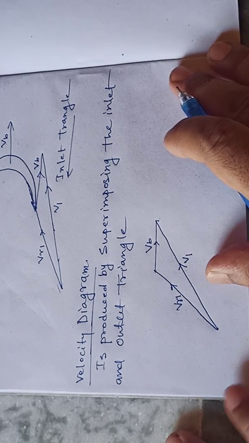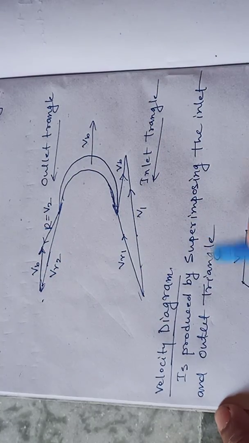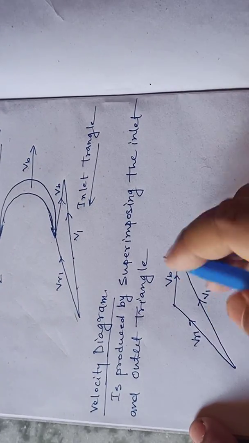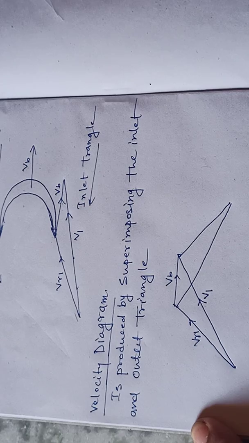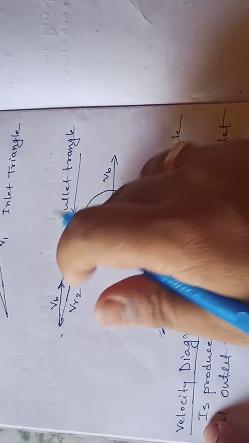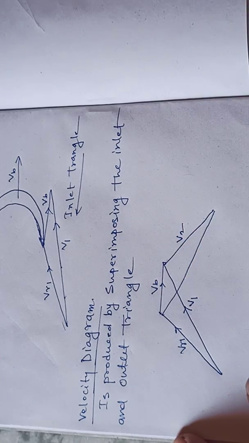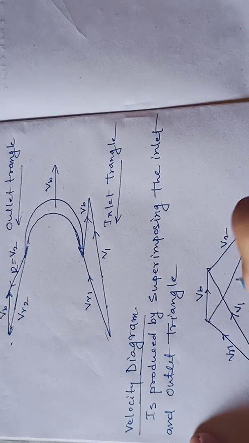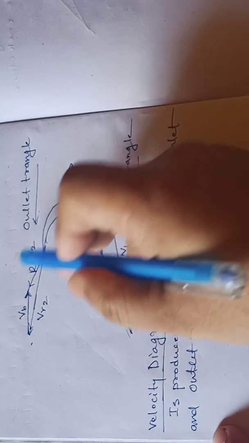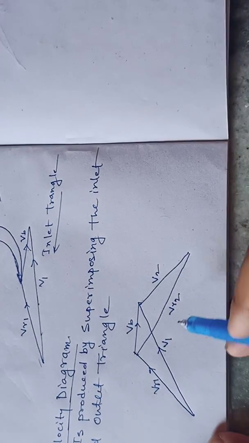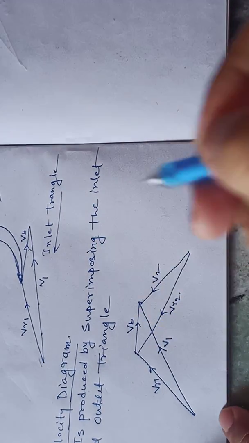Similarly, we can draw the outlet triangle with the same line. So represent this line, and you can see that this is V2, and this line is VR2. You can see this triangle is represented here, and the direction will be this.